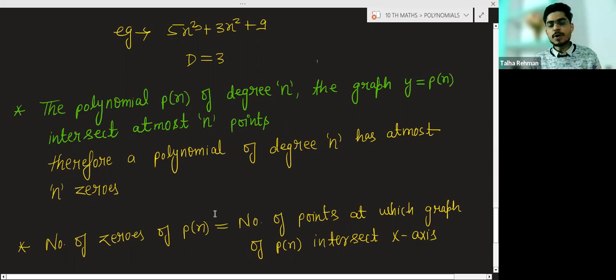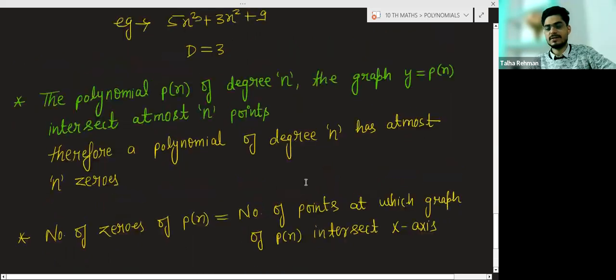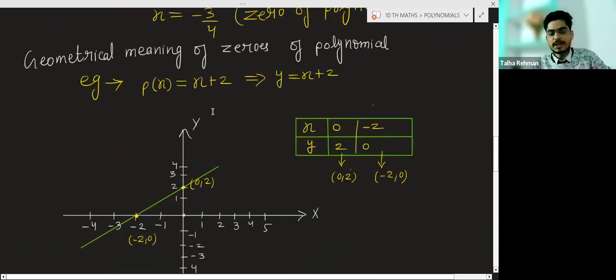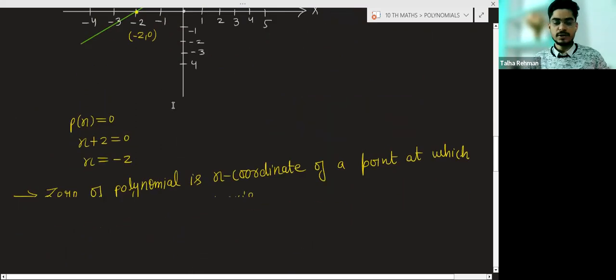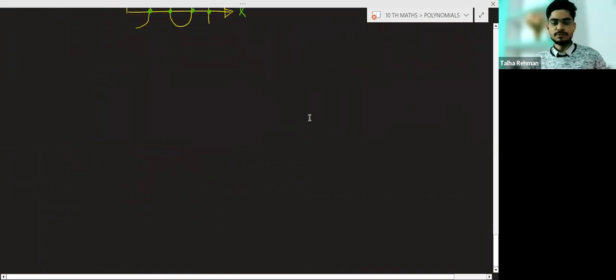Number of zeros of polynomial, I told you, is the number of points at which the graph of polynomial intersects the x-axis. For example, this is a linear polynomial, and this graph is intersecting the x-axis at one point, so this polynomial will have only 1 zero. If a graph intersects the x-axis at 4 points, the number of zeros of this polynomial will be 4.